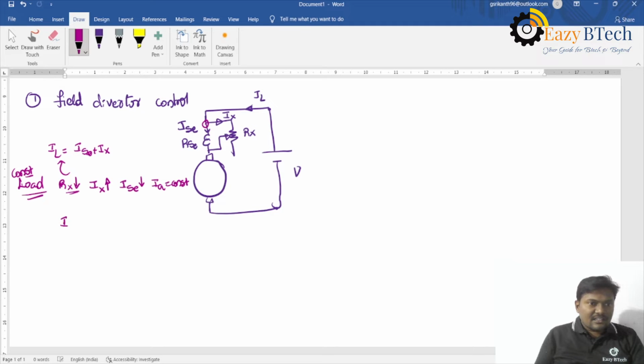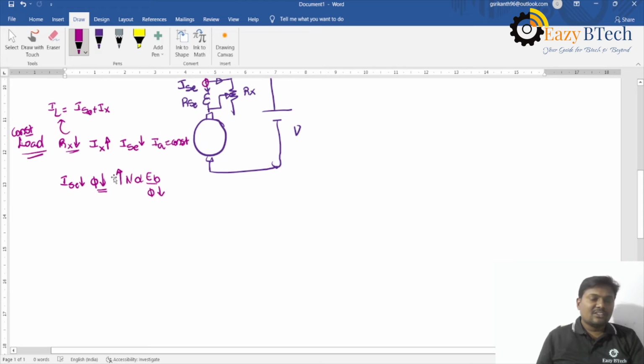If ISC decreases, the flux produced by the series field winding decreases. We have one relationship, N is directly proportional to EB by phi. If phi decreases, the speed of the DC series motor increases.